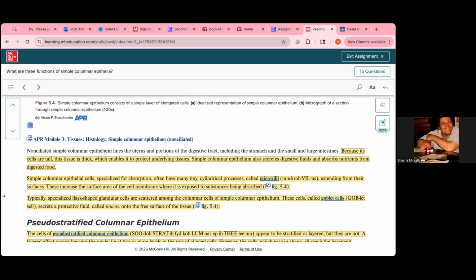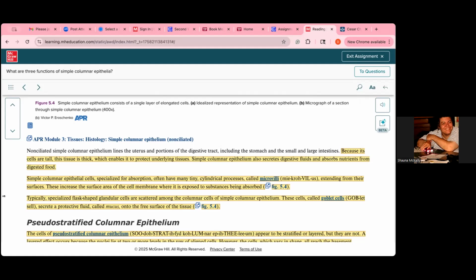Simple columnar epithelium also secretes digestive fluids and absorbs nutrients from digested food.